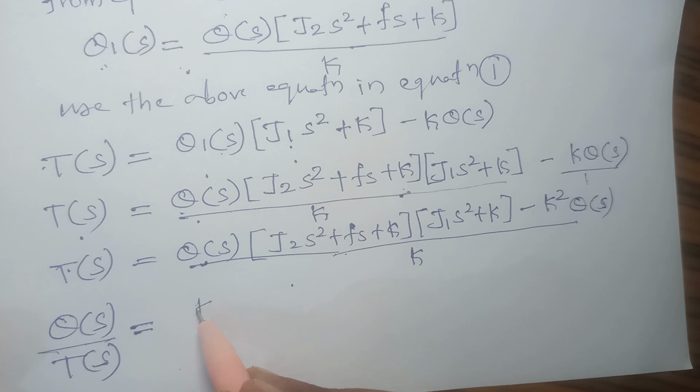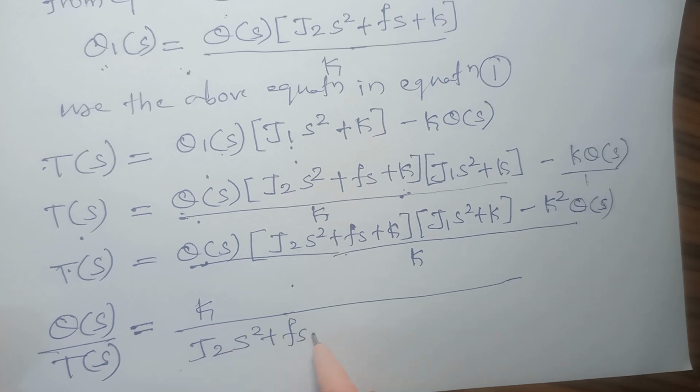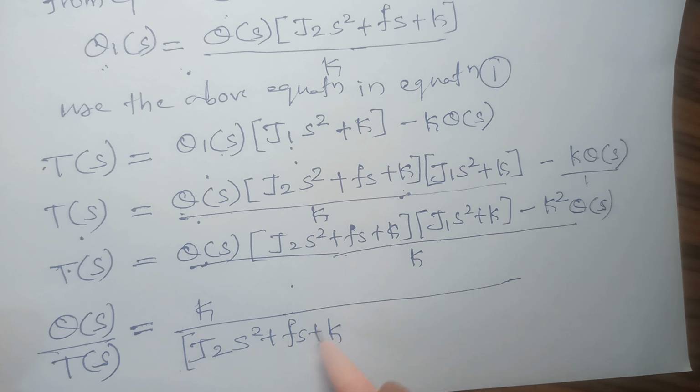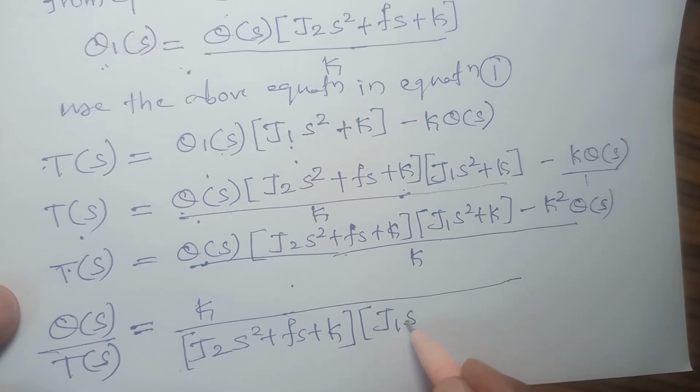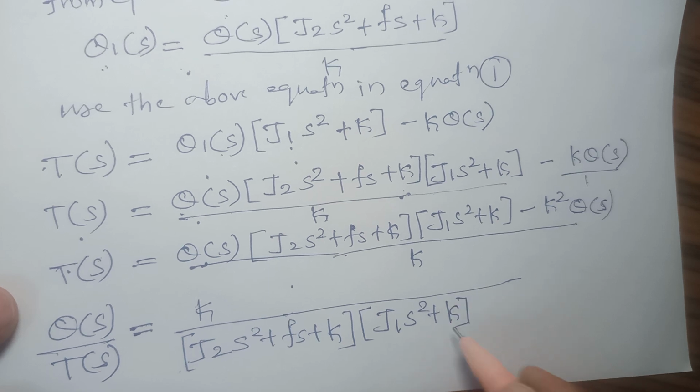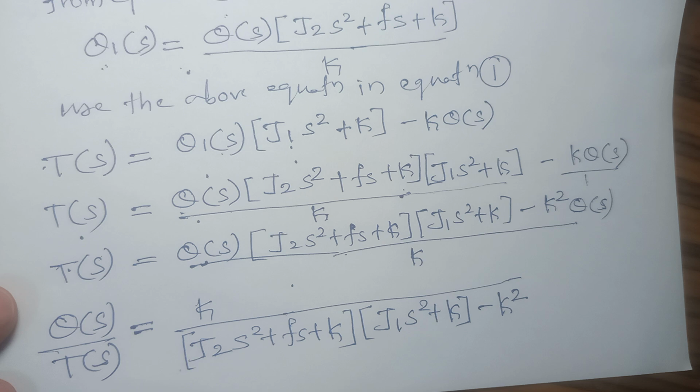What you will get is k divided by j2 s square plus fs plus k into j1 s square plus k minus k square. So this is our theta of s divided by t of s, which is our required transfer function.